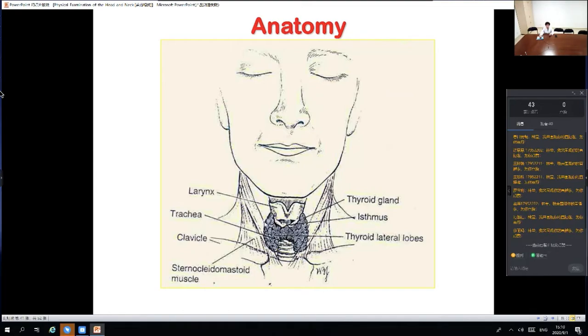Surrounding the trachea and the larynx is the thyroid gland. The thyroid gland includes different parts: the lateral lobes on both sides, and the bridge between these two lobes is the isthmus, 峡部, 甲状腺峡部. All these anatomical markers are important for physical examination and to identify pathological situations.